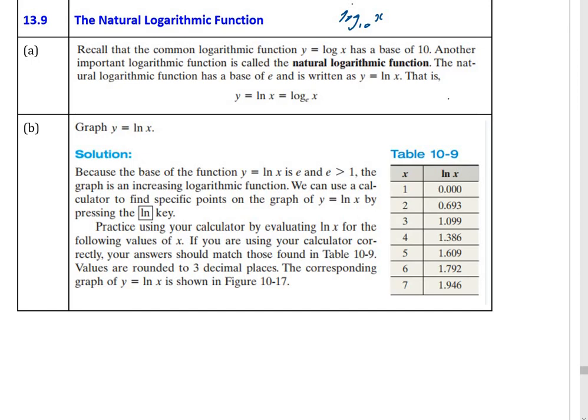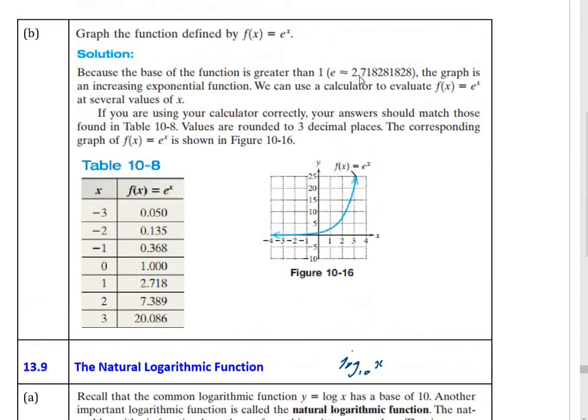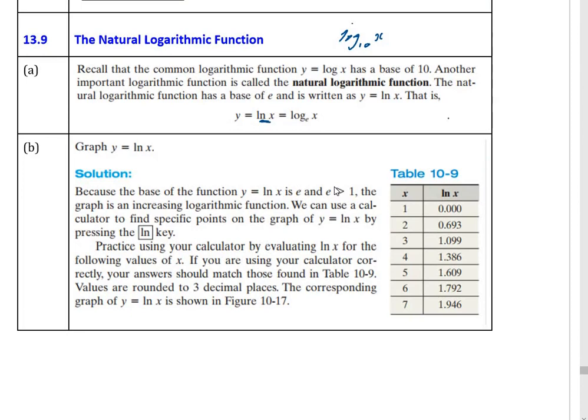When we talk about the ln, it's an absolutely normal log, but the base is e. Remember, e is 2.718, which is close to 3. That's why I'm thinking about the 3.